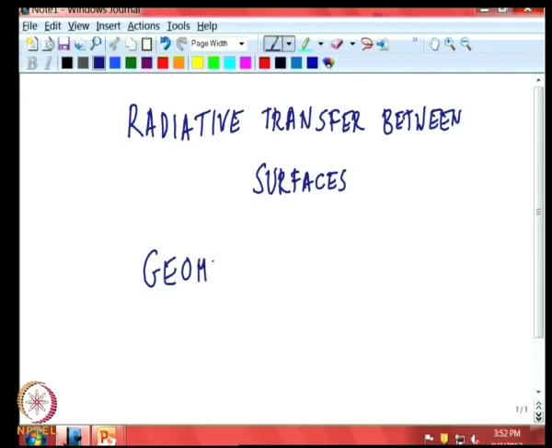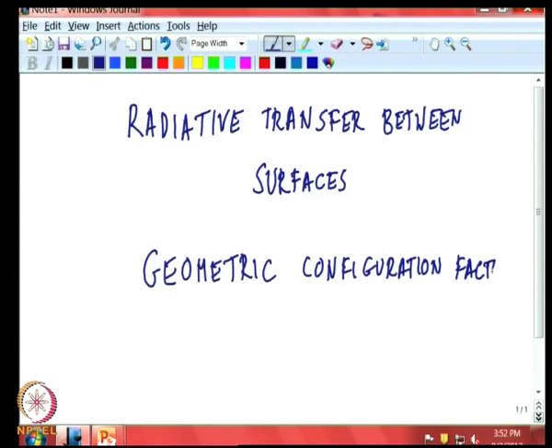So, in today's class, we will define what is known as the geometric configuration factor. This factor is a very important quantity.